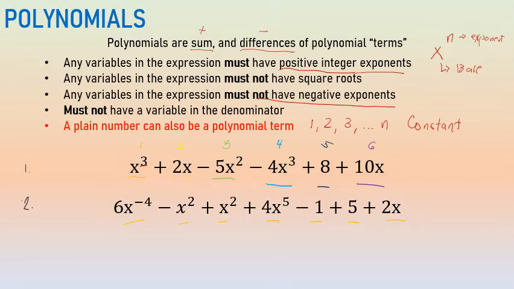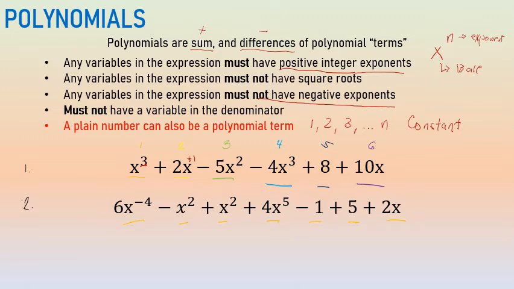So, going back to example number 1, our exponent is positive 3. For 2x, what is our exponent here? It is 1. Okay? That has an exponent of positive 1. We just don't write it because it is understood that the exponent is positive 1.